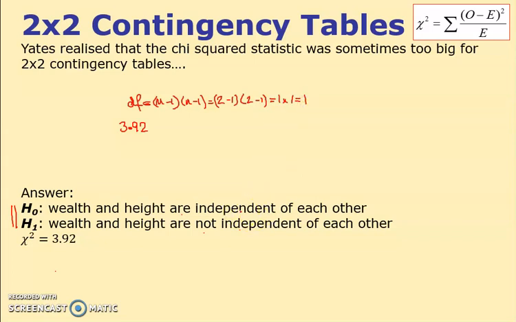Now, you're meant to look up in the critical value table. By now I've given you a critical value table. There's one in the textbook, there's one in the formula book as well, so it doesn't matter which one you use.